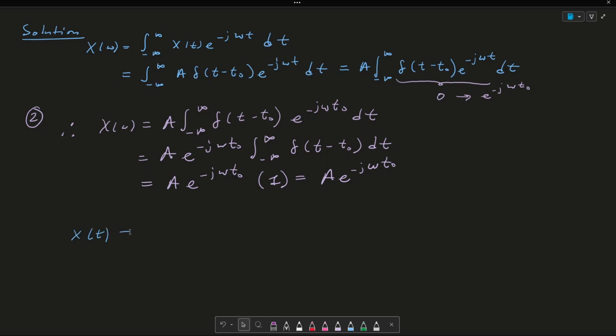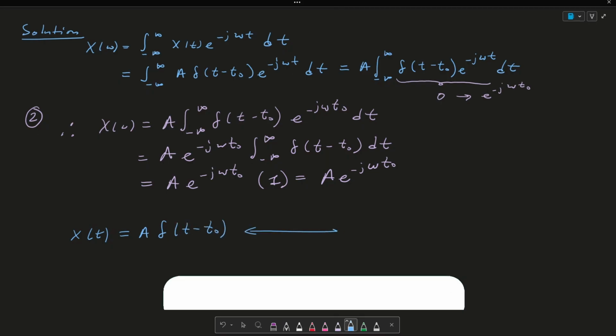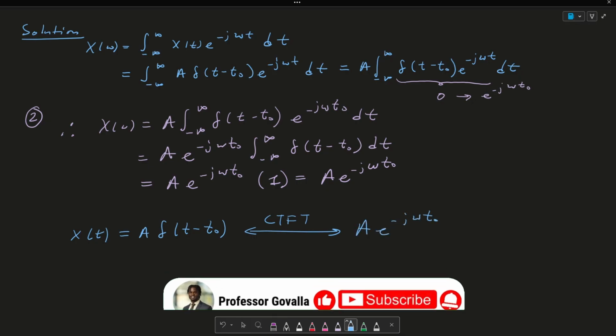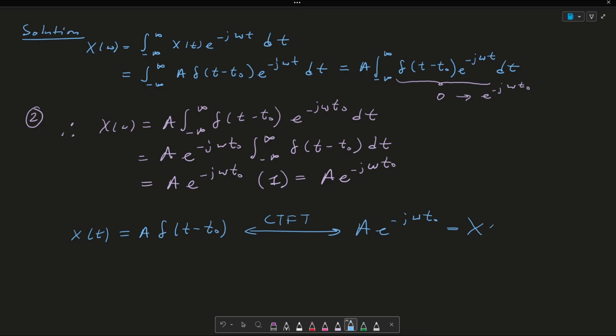Therefore, x of t equated to A delta(t - t0), the continuous time Fourier transform becomes A e to the minus j omega t0, which is equal to capital X of omega. And when A is equal to 1 and t0 is equal to 0, x of t is equal to my Dirac function delta(t), and the continuous time Fourier transform is just 1, equated to capital X of omega.